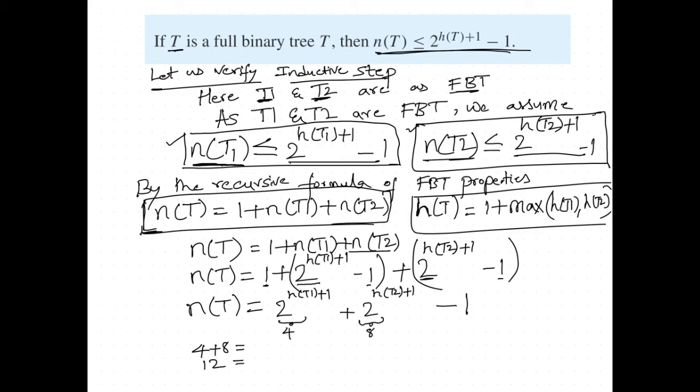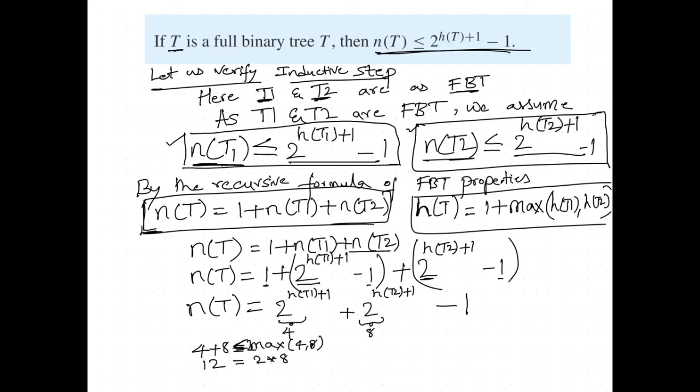Now can I write 4 plus 8 is always less than or equal to 2 times max of 4 comma 8? Yes. What is max of 4 comma 8? It is 8, right?